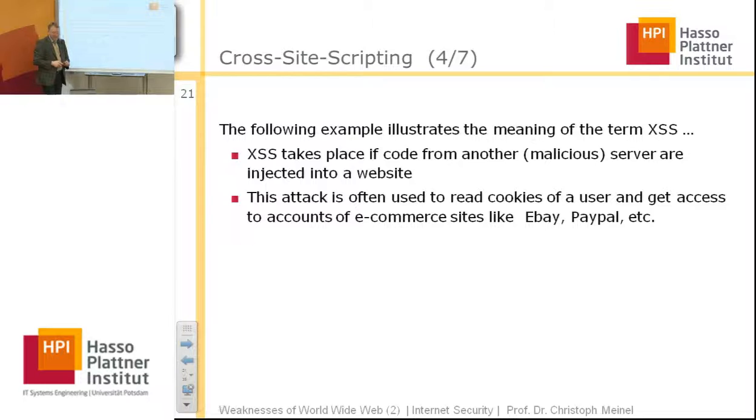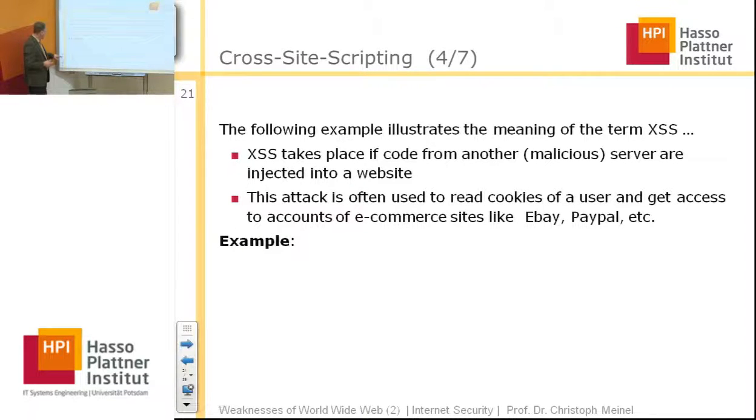This attack is often used to read cookies of a user and get access to accounts on e-commerce sites like eBay, PayPal, and others. We already discussed the things around cookies when we discussed attacks on the client side.